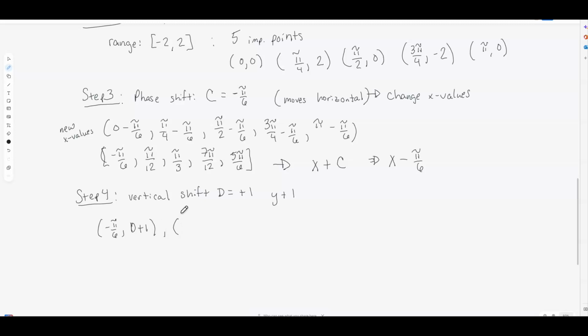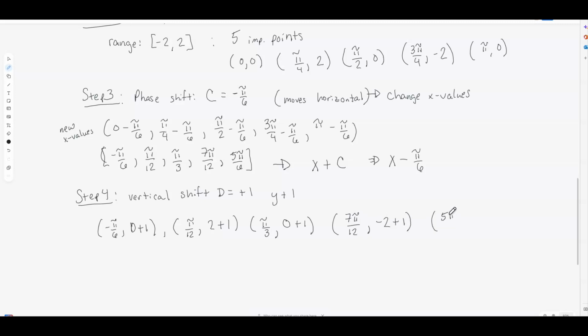And instead of having pi over 12, 2, we're going to do 2 plus 1, right? And we would have pi over 3 was back to 0, so 0 plus 1. And then we have 7 pi over 12, and that's negative 2 plus 1.